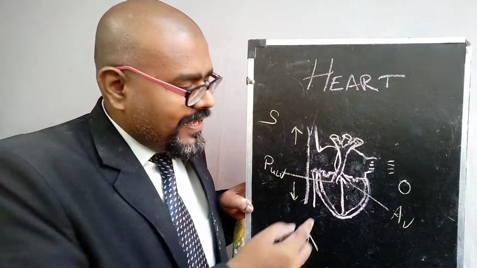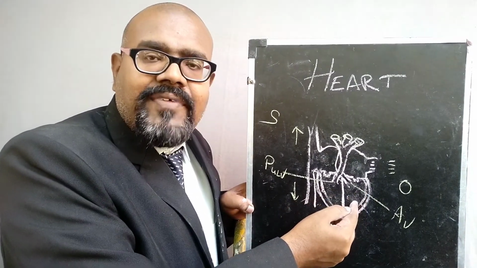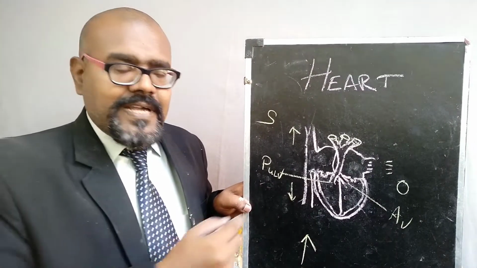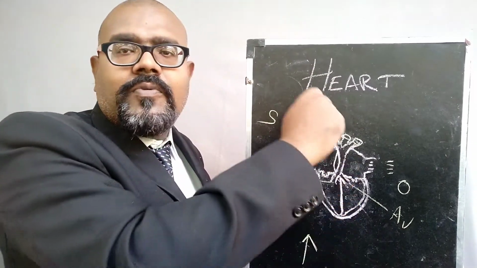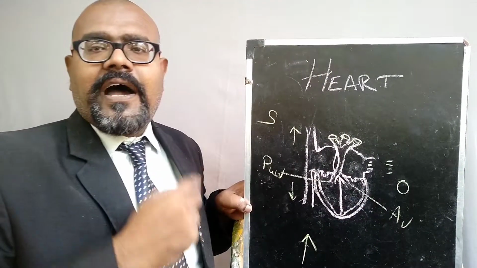So during that time, the blood in the right ventricle and the blood in the left ventricle moves towards the parallel vessels. That is, the deoxygenated blood will move towards the pulmonary artery and the oxygenated blood will move towards the aorta.